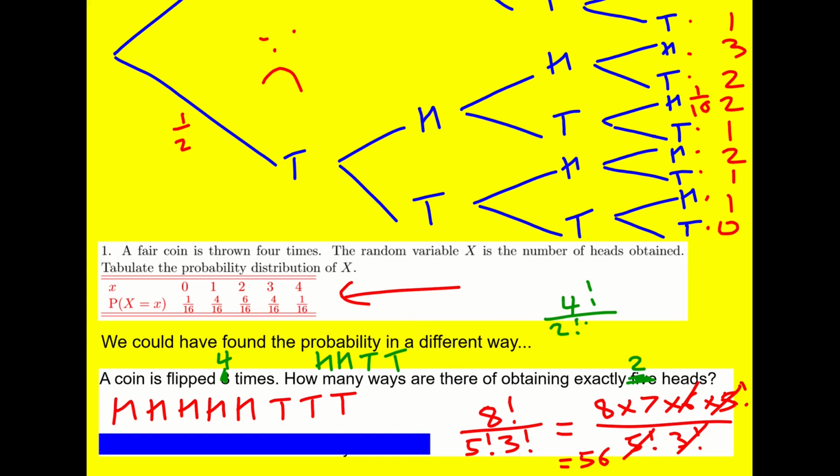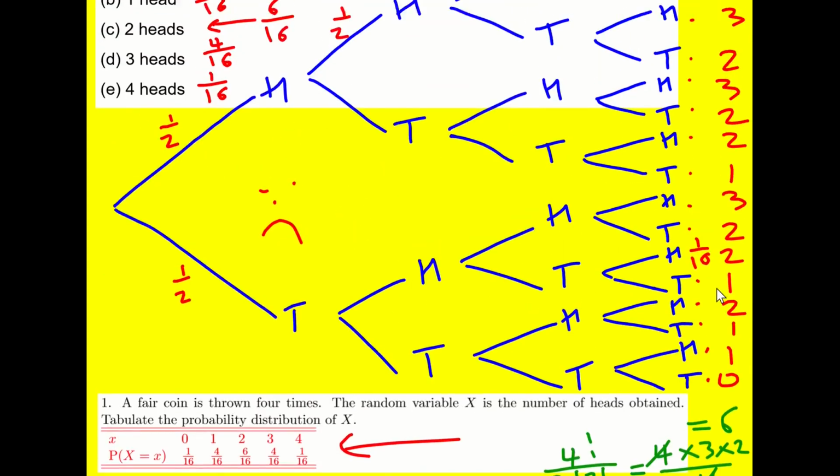And I divide by 2 factorial, 2 factorial. And what would I get? I'd get 4 times 3 times 2 over 4, and I would get 6. 6 possible ways.